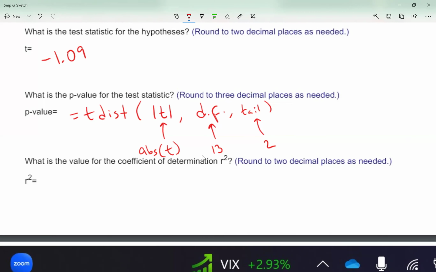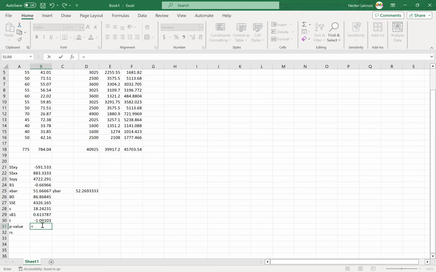So let me go and type this in. I'm going to go equals TDIST for t distribution, open parentheses, and I'm going to go ABS, open parentheses, and my t, close parentheses. So basically absolute value of t, comma, my degrees of freedom, I said it was 13, comma, how many tails?